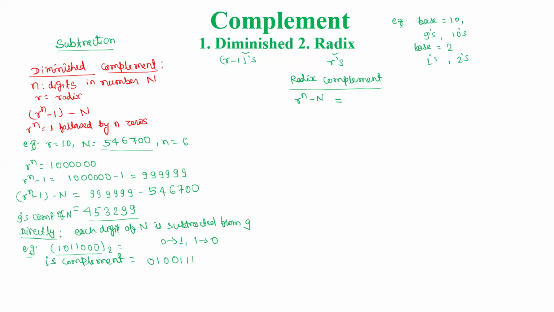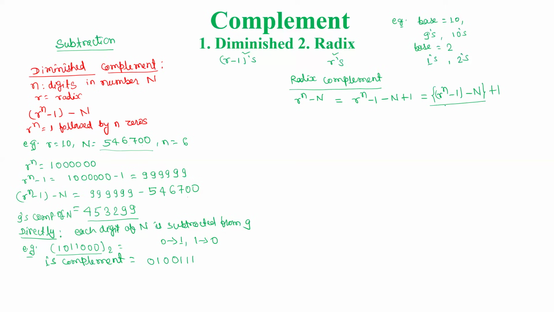This r to the power n minus N can also be written as r to the power n minus 1 minus N plus 1. So we are adding and subtracting 1 here. Finally we have r to the power n minus 1 minus N, plus 1. This portion is the same as the diminished complement.